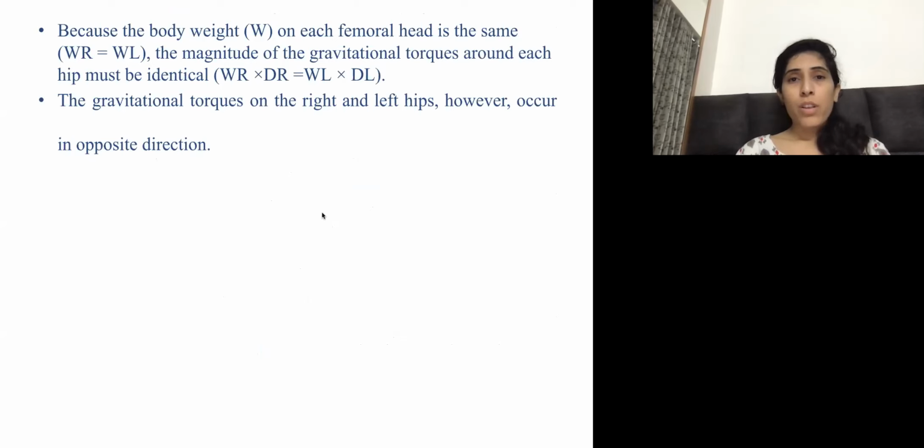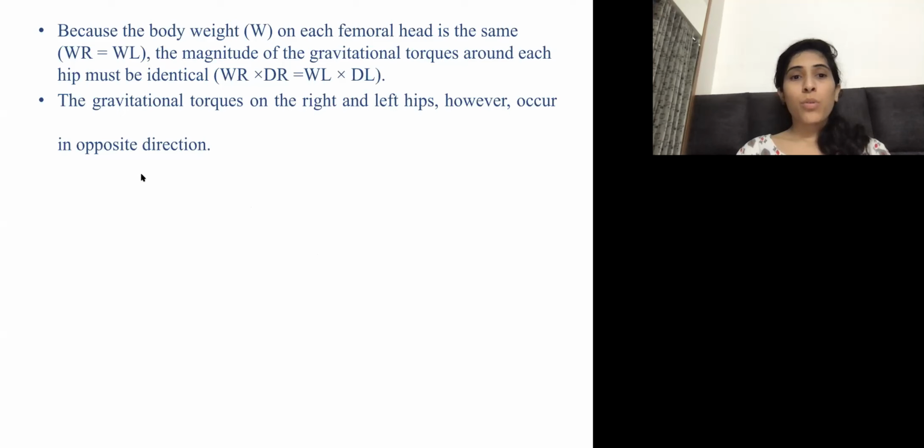Because the body weight on each femoral head is the same, WR is equal to WL, and the magnitude of the gravitational torque around each hip joint, that is tau, is equal to weight into distance. So WR into DR is equal to WL into DL.